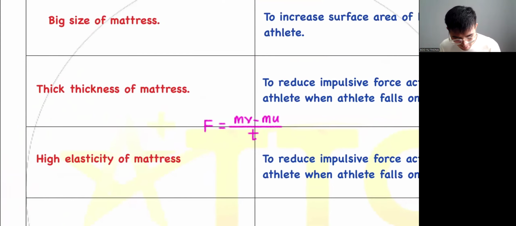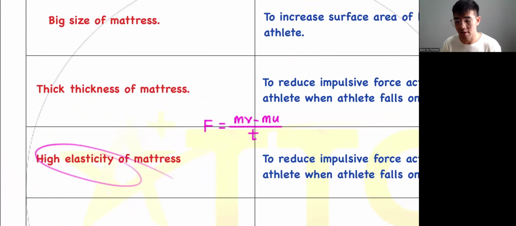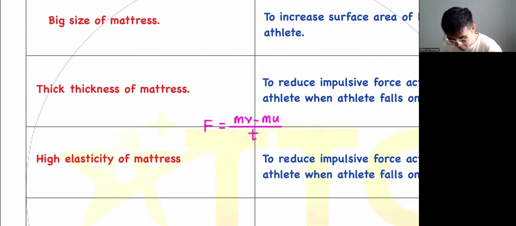And remember just now I was talking about the elasticity, meaning the bounciness. If the elasticity increases, the impulsive force decreases, because the time of impact will be increased.